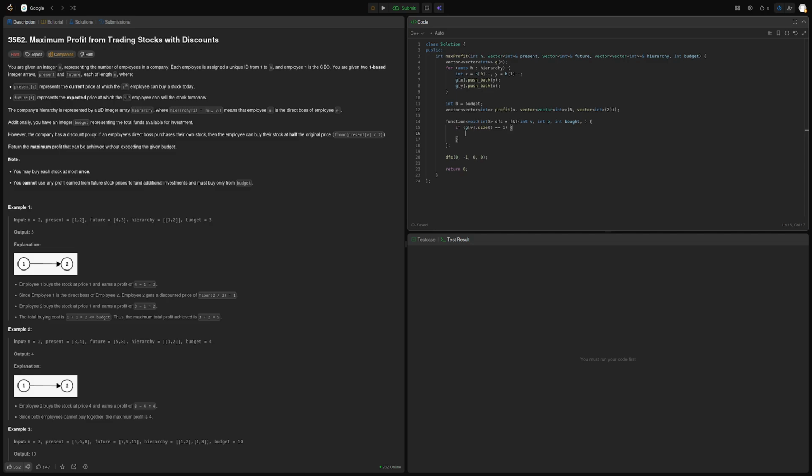So we should say that by using budget, so profit in vertex v by using budget, so this depends on if the parent bought something.